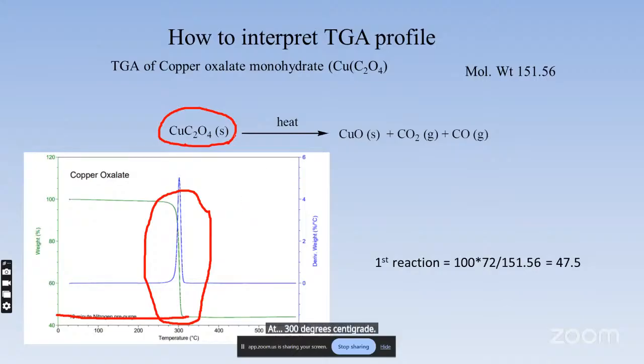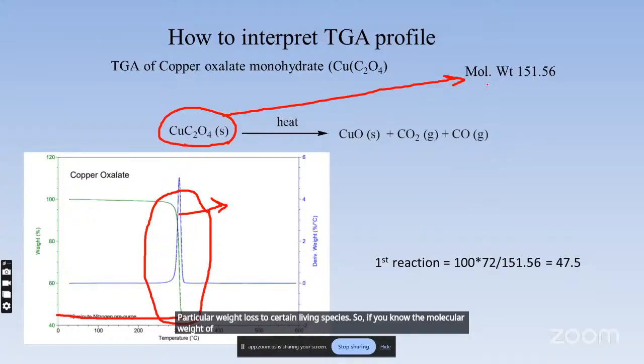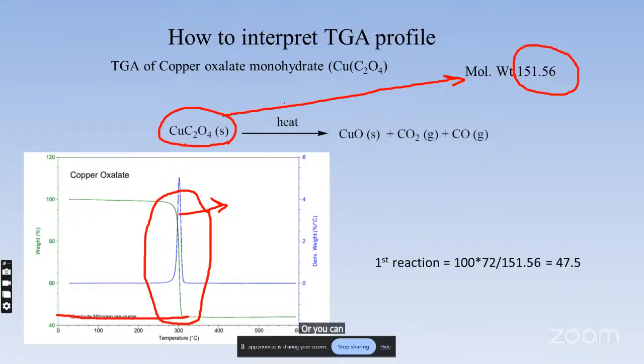Now you have to relate this particular weight loss to certain leaving species. So if you know the molecular weight of copper oxalate, you can take it from the bottle, or you can build it by adding the atomic weights of all the species.